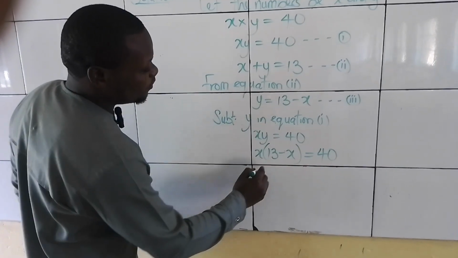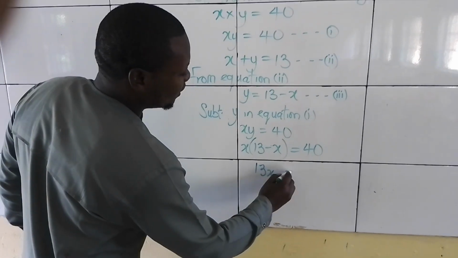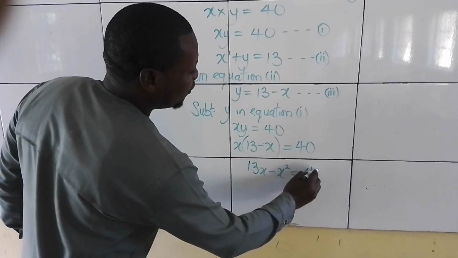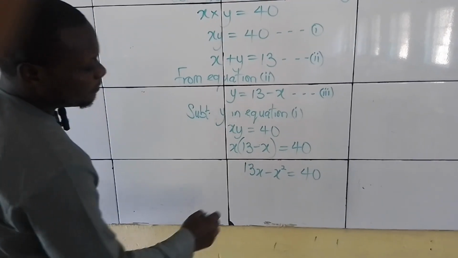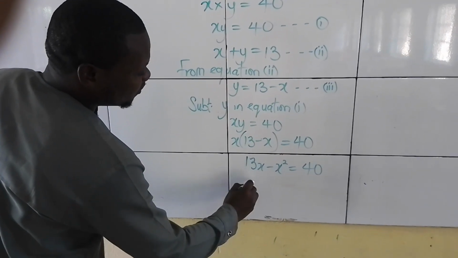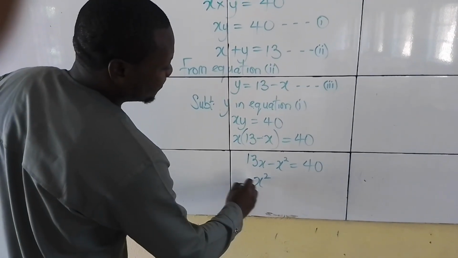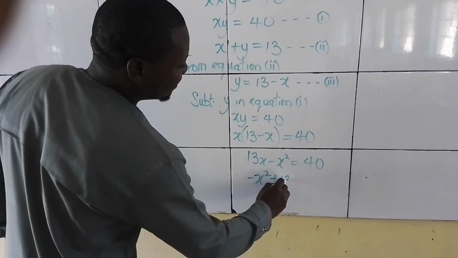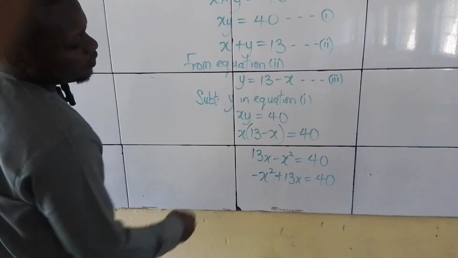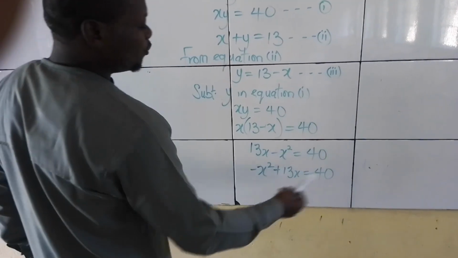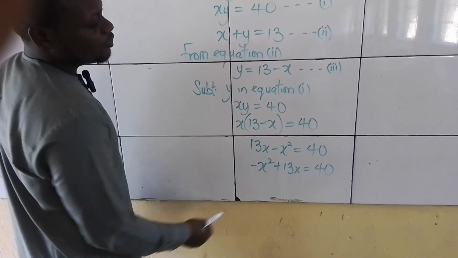So x times 13 gives us 13x, minus x times x gives us x squared, equals 40. From here we can rearrange, and we have minus x squared plus 13x equals 40. So we multiply all through by minus 1 so that we can remove the minus in front of x squared.